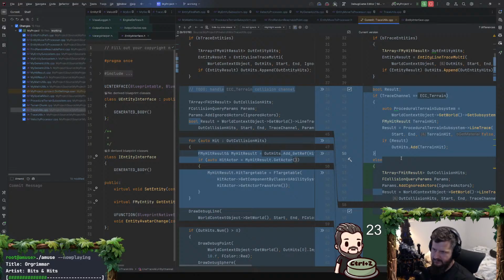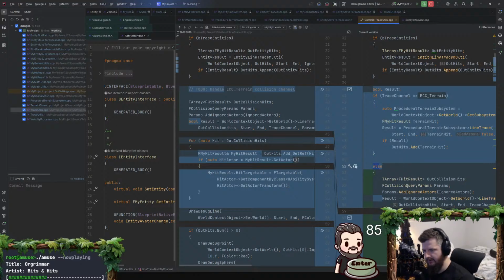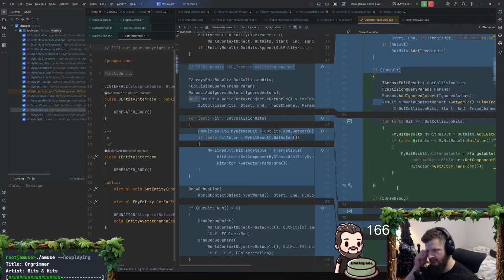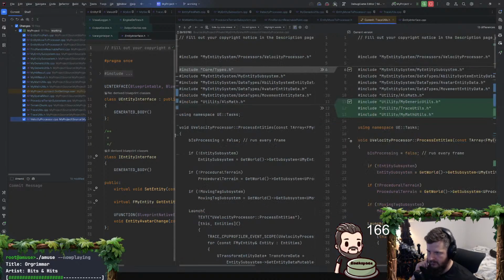If trace equals channel, then let's do another if. We'll say if result, or really just if not result, right? Because it would be false if it's not. Yeah, if we don't get a hit, then do that one. I like that. That's better.